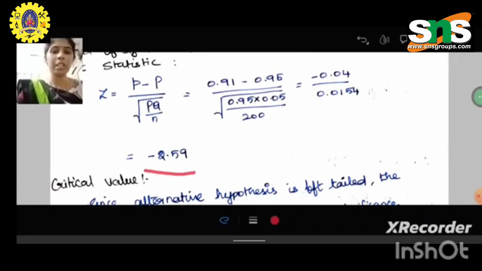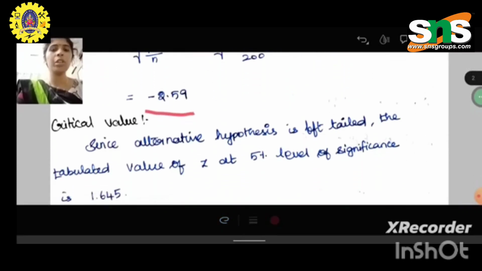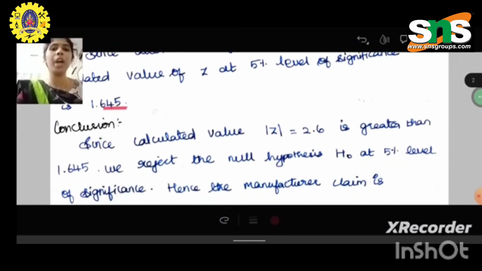For testing the hypothesis, we take modulus of z, which results in 2.59. The critical value according to the z test is 1.645. So the conclusion part is, we have to compare the calculated value with the table value.